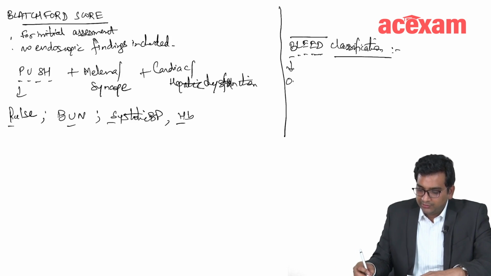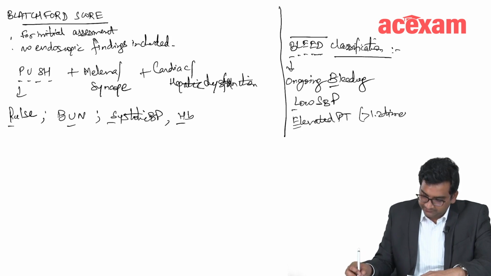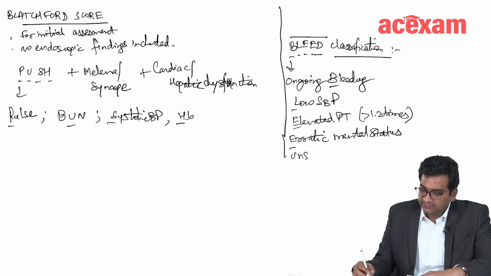This is ongoing bleeding, there is low systolic BP, there is elevated PT which is more than 1.2 times, erratic mental status, and there is unstable comorbid disease.